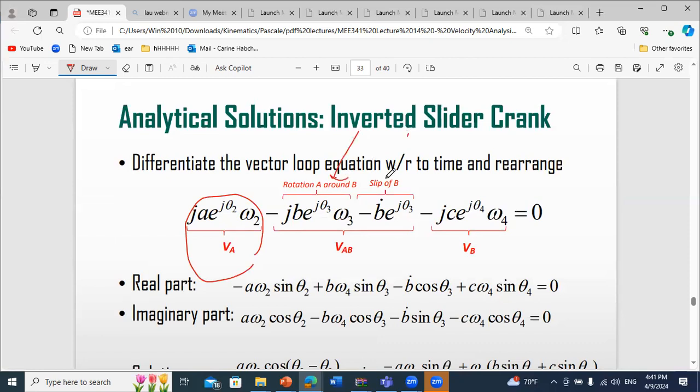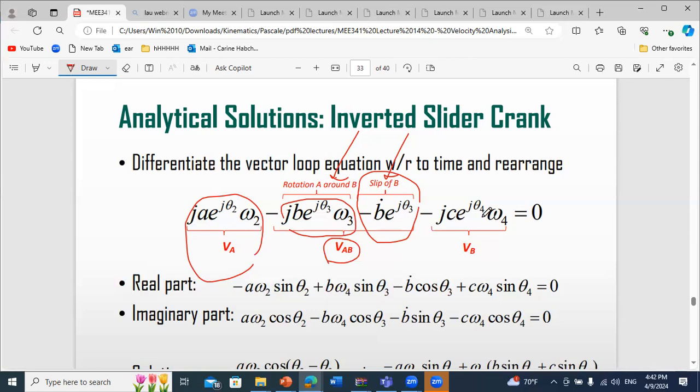So as Mario asked, we have one component for slipping, for relative slipping between the block and the coupler. So this represents the slipping velocity, and this represents the rotation of B around A. So in total, if you want, this is VB relative to A that is decomposed into 2 parts, which is the rotation of A around the B, the relative rotation between A and B, and the slip due to translation, okay?